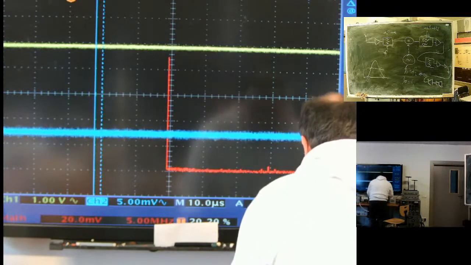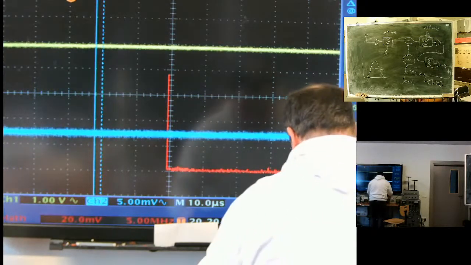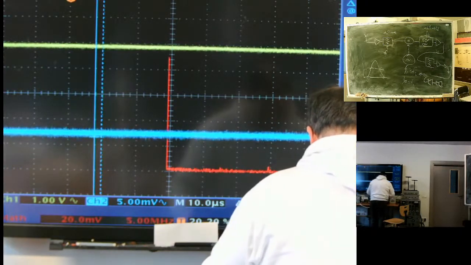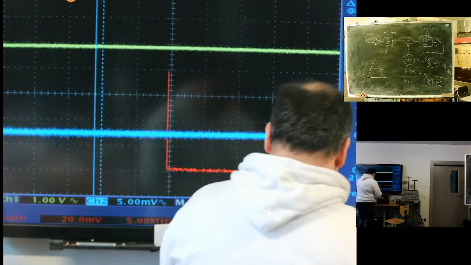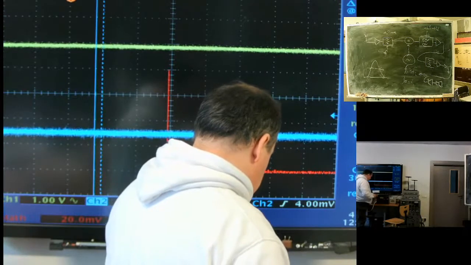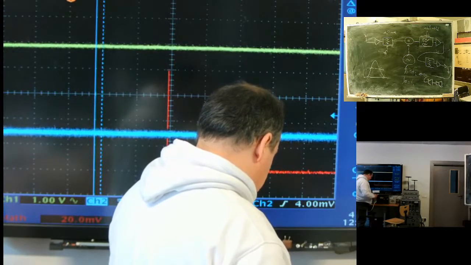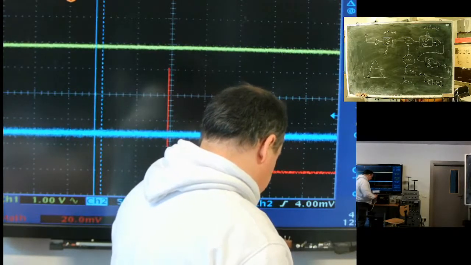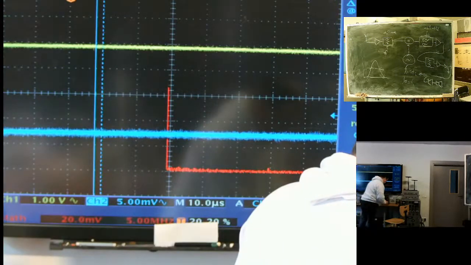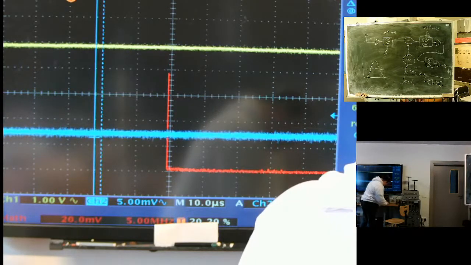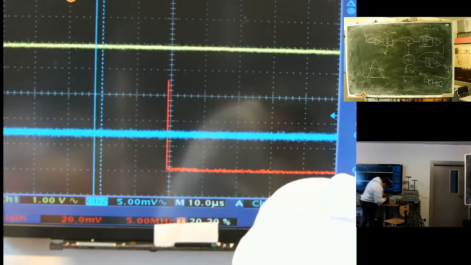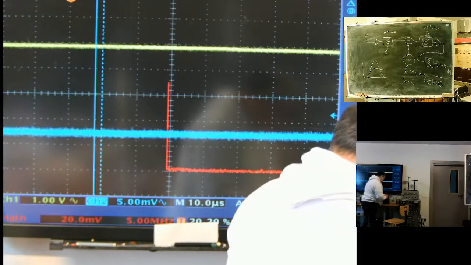Now put the receiver in the box. This will reduce the noise level a bit. This one is the field version.